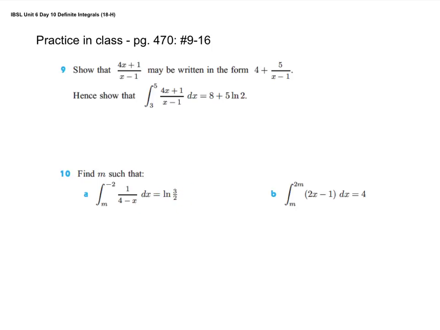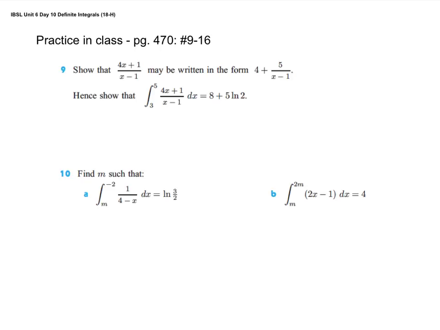So we're asking, hey, what would m have to be in order to go from m to -2 and make the area equal this? So when you do the fundamental theorem of calculus, you'll be plugging in an m for x and then set it equal to this, and you'll be able to solve it.